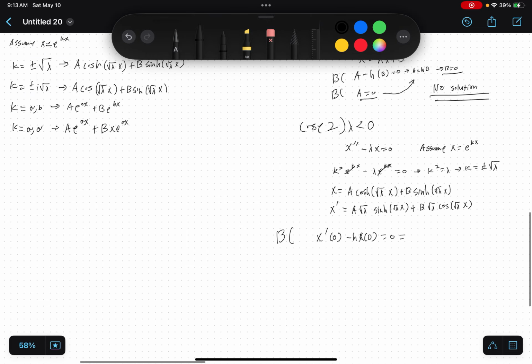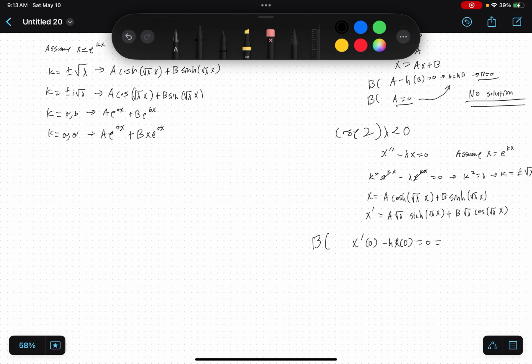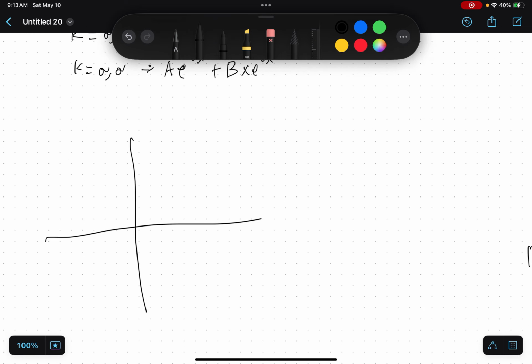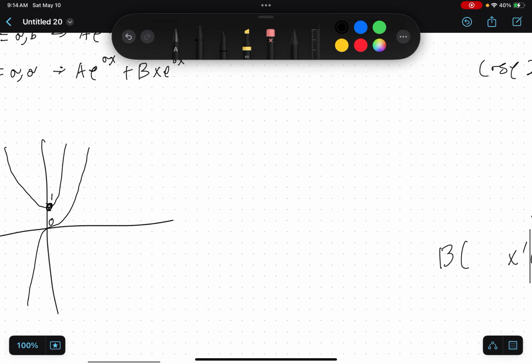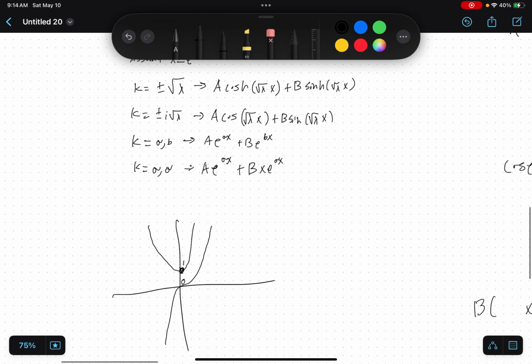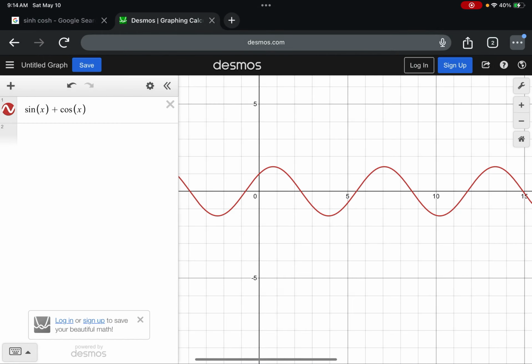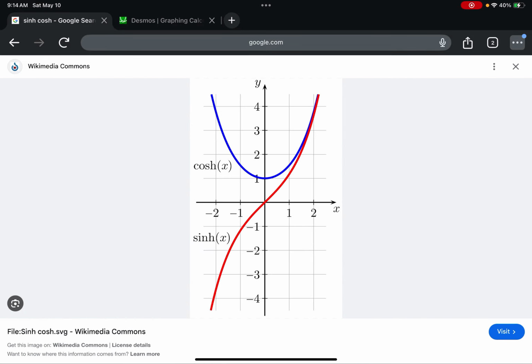All right, so let's draw what hyperbolic sine and cosine look like. I think cosine is like that, and here it equals 1, and I think sine is like that, and at x equals 0, it equals 0. I think that's right. I think I looked it up beforehand. Yep, cool.